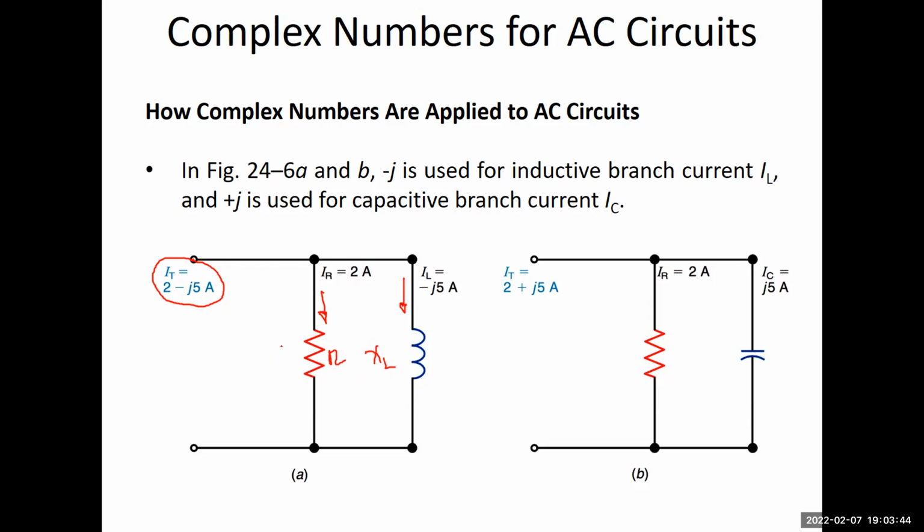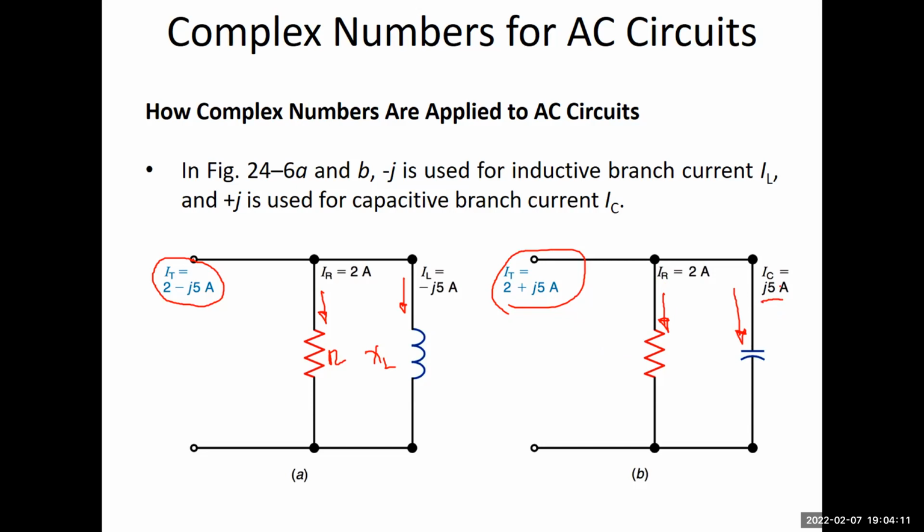While if we talk about capacitive reactance, the current now would be 2 plus J5 amperes. We have an IR of 2 amperes here, and the current flowing through the capacitor would be positive J5.